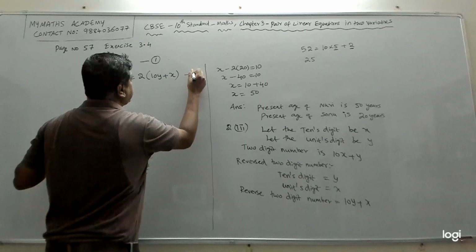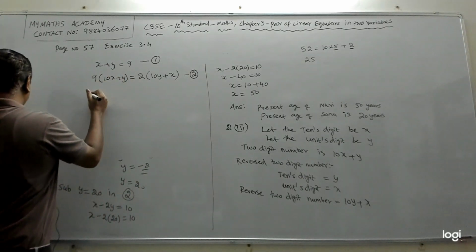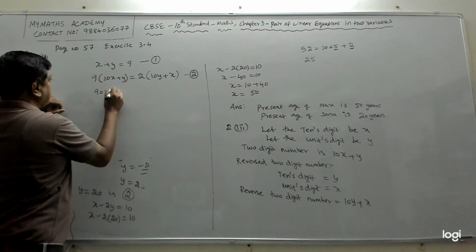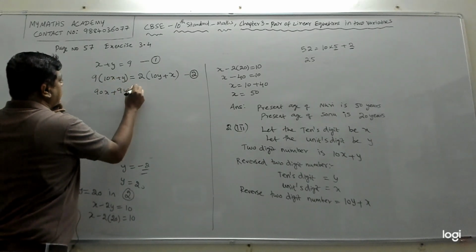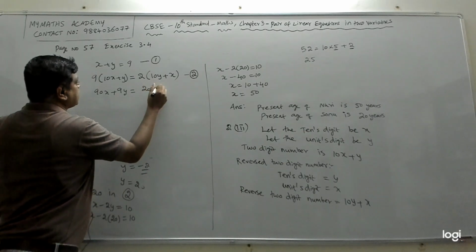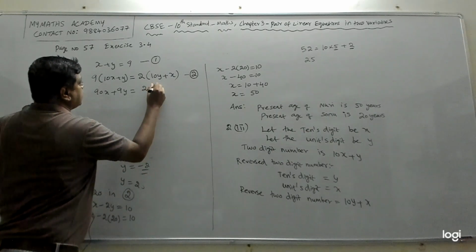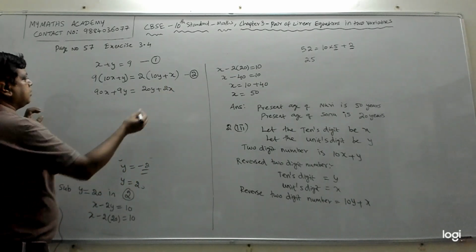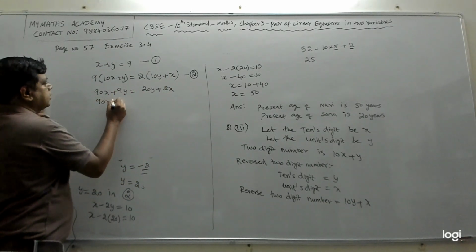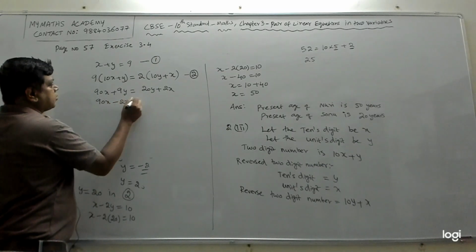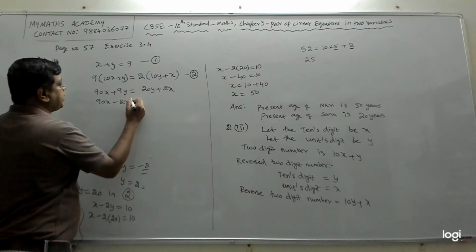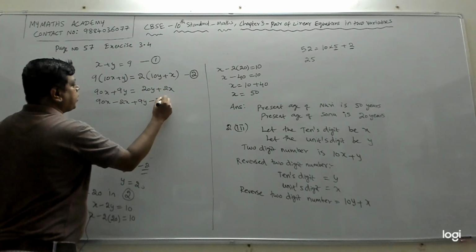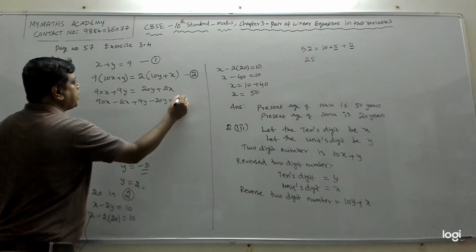Now we should simplify the second equation. What do we get? 9 into 10, 90x plus 9y equal to 20y plus 2x. Now let's bring everything to one side. So 90x minus 2x, this plus 2x comes here, it becomes minus 2x, plus this 9y as it is, and 20y comes this side, it becomes minus 20y.